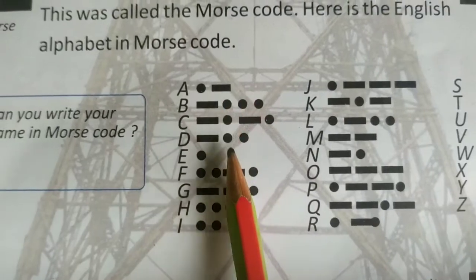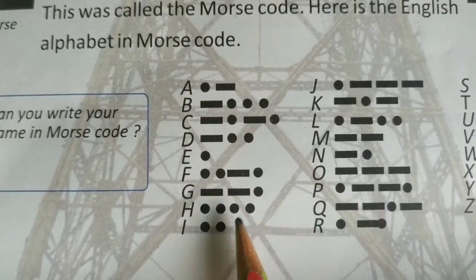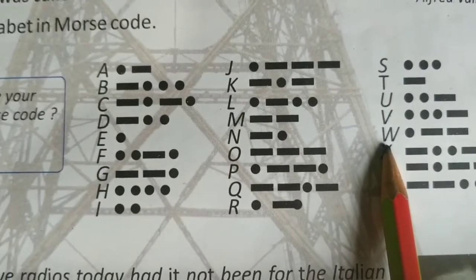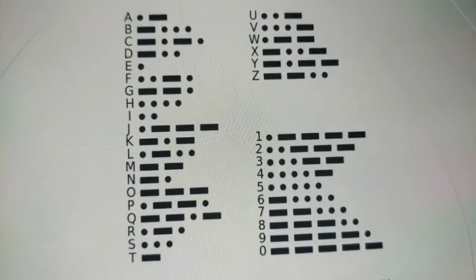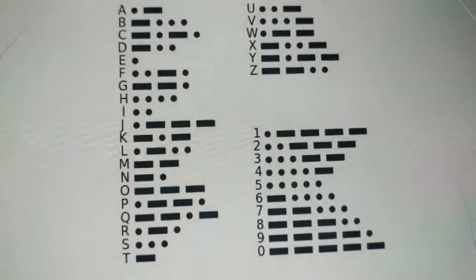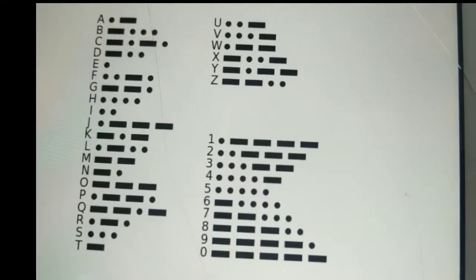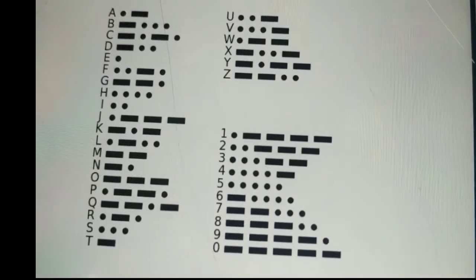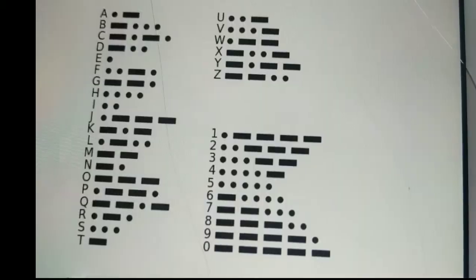So these are the codes, the dots and the dashes they use to send messages, right? Now you see here, even numbers are written. So the message used to go by clicking on the keys on the telegraph machine.